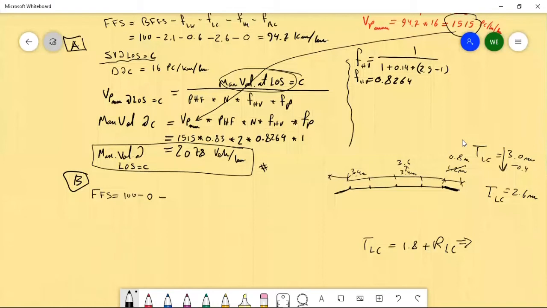So here it's going to be minus 1.5 minus 2.6 minus 0 equal. So this will be 100 minus 1.5 minus 2.6 equal 95.9 kilometers per hour.